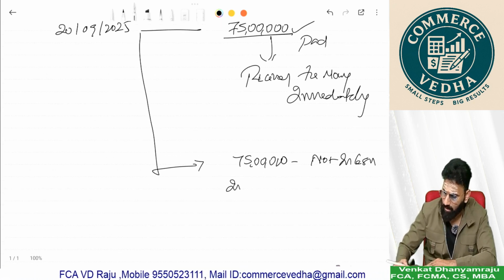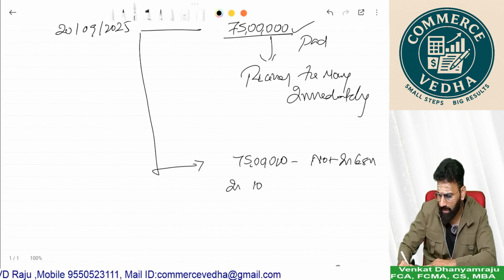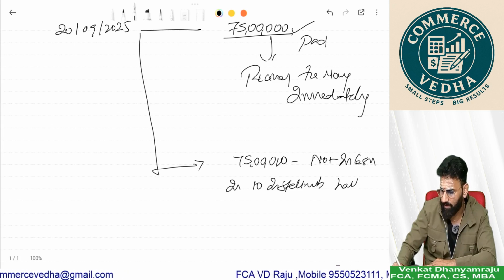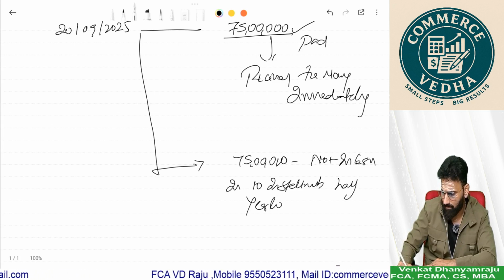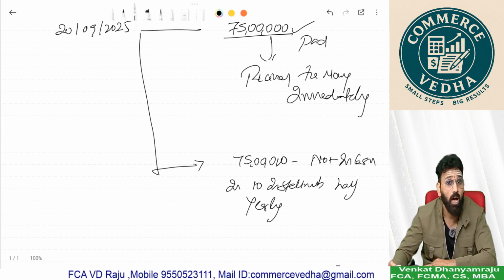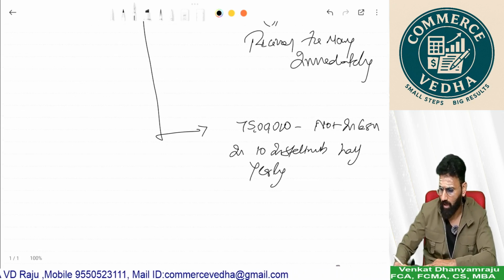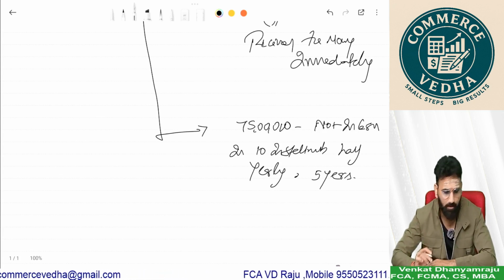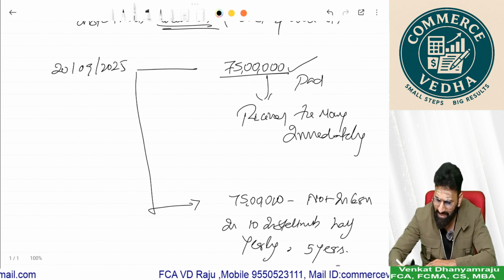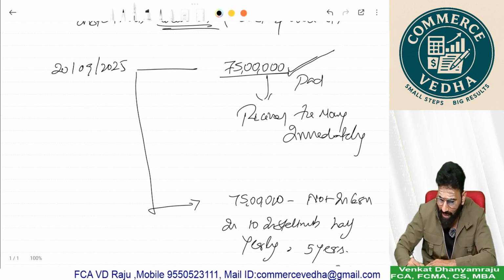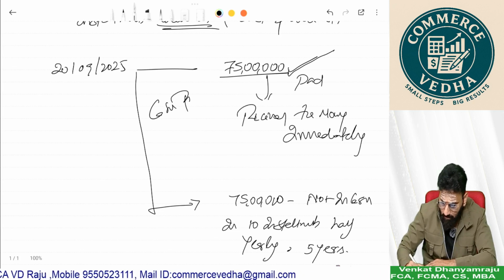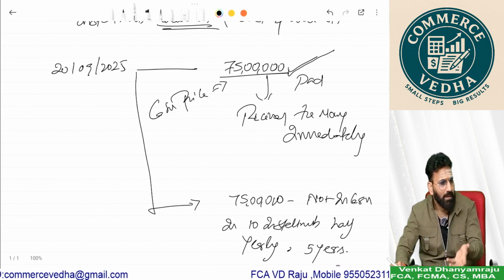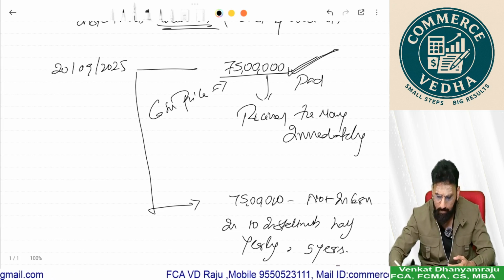In say around 10 installments, half yearly. 10 installments, half yearly. It means what? Almost 5 years. So, the price charged to me is called cash price. Why? Because I am buying this immediately. It is the cash price.